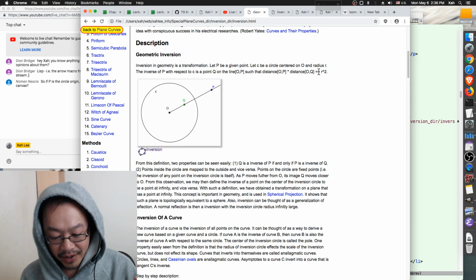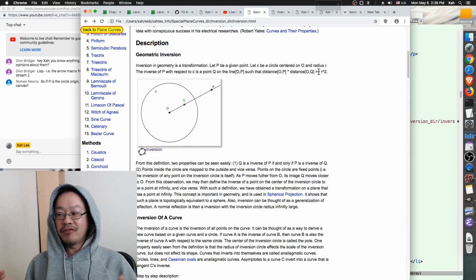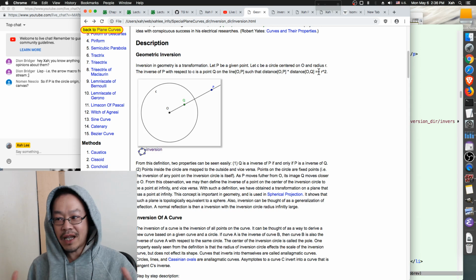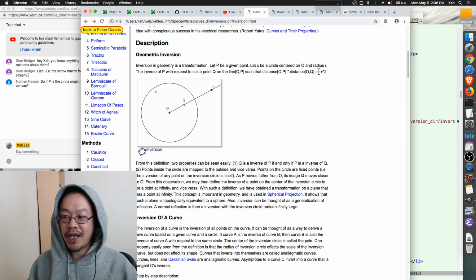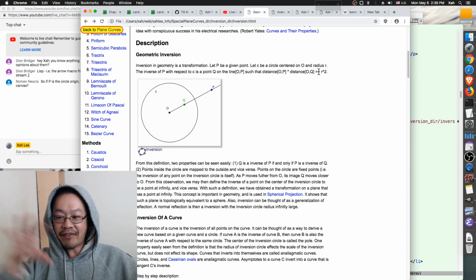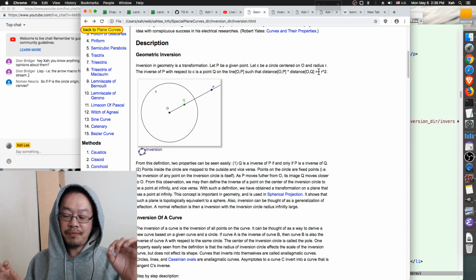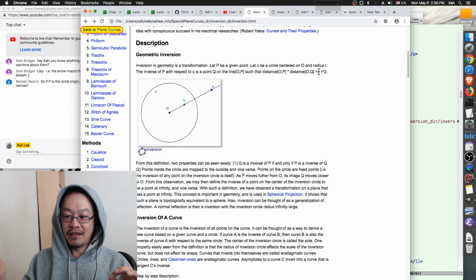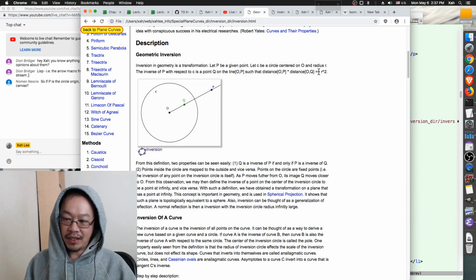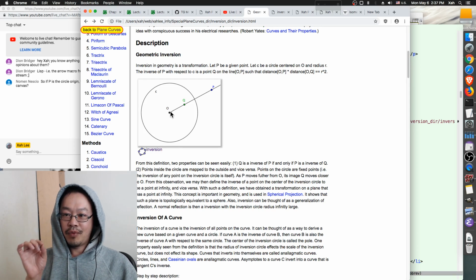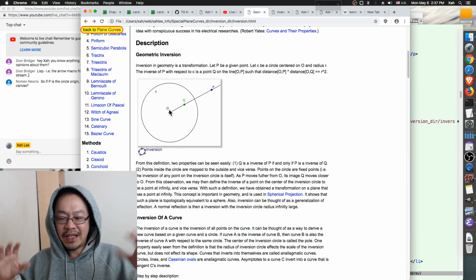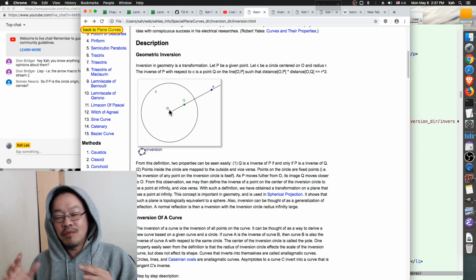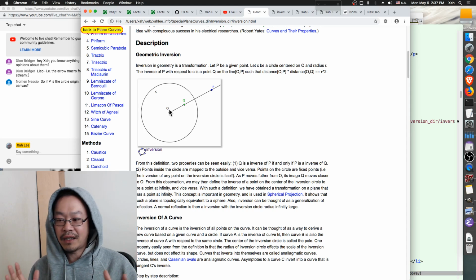Now let's recap. Geometric inversion is a transformation. What does that mean? Given a point in a plane, after the transformation you have a new position for the point. Every point has a corresponding point, except the center of the circle. When the input point is at the center, there are two ways to approach that issue.